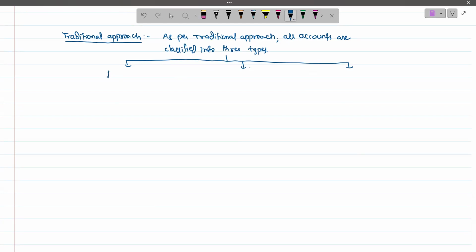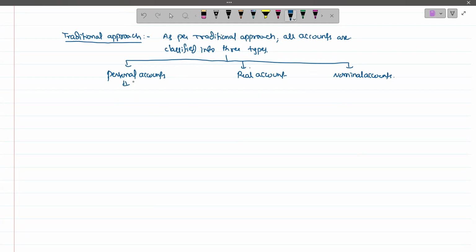One is the personal accounts, the real accounts, and the nominal accounts. Personal accounts, real accounts, and nominal accounts.